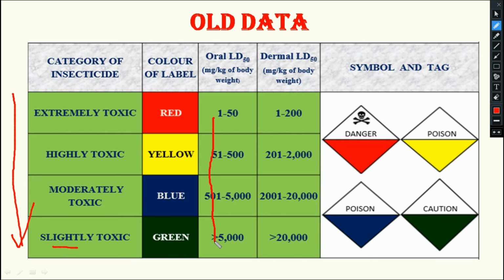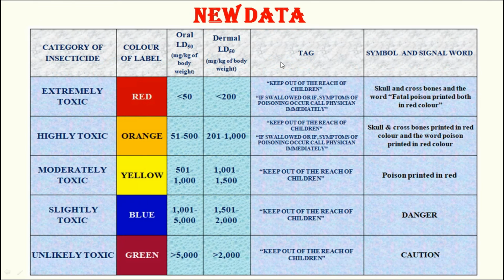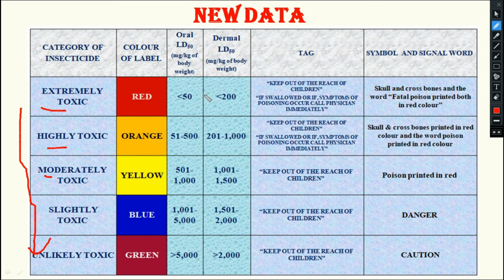Increasing. Yes or no? It may be dermal or oral, but the LD50 value is increasing. Similarly, in the new data, as the toxicity is decreasing, from extremely, then highly toxic, and so on, the LD50 value is increasing. Yes or no? 50 to 5000, 200 to 2000.